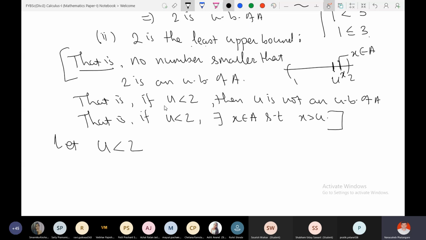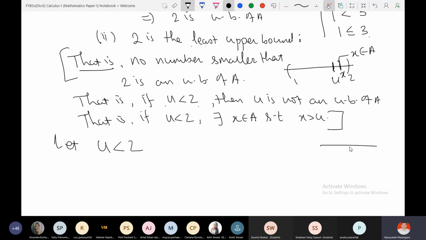If somebody gives you any number smaller than 2, you should be able to produce x greater than U. Logically, your claim is that 2 is the least upper bound, and suppose somebody does not accept this. Then you will ask him to give you any number smaller than 2, and you will prove that that number is not an upper bound.